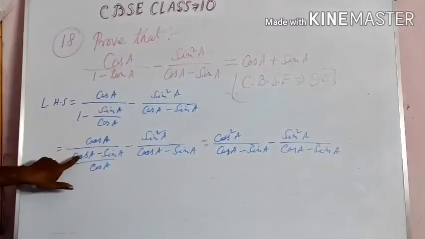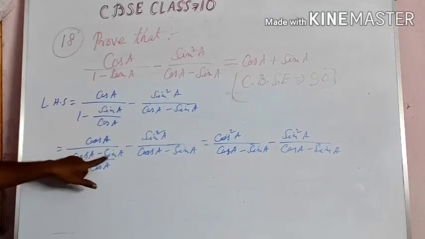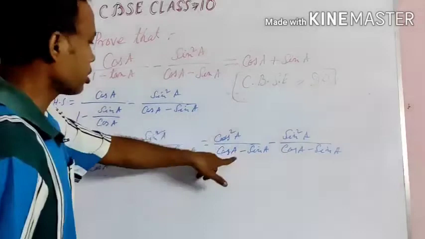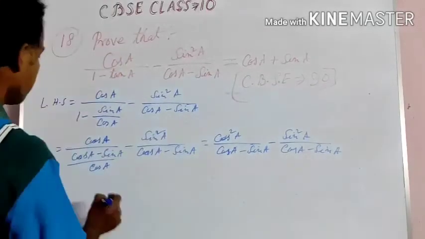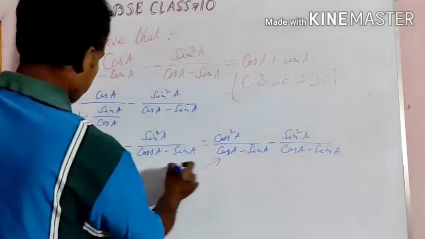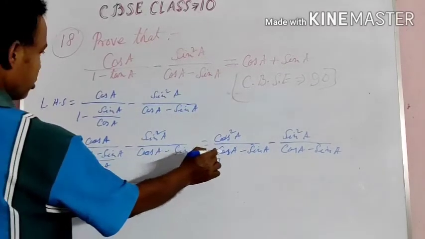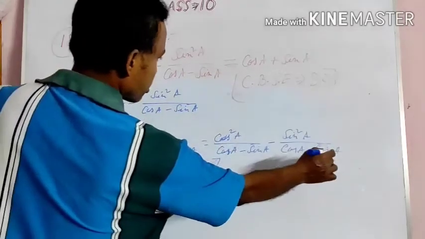Here this cos a by cos a minus sin a, this will be in numerator, that is cos square a by cos a minus sin a, then sin square a by cos a minus sin a.